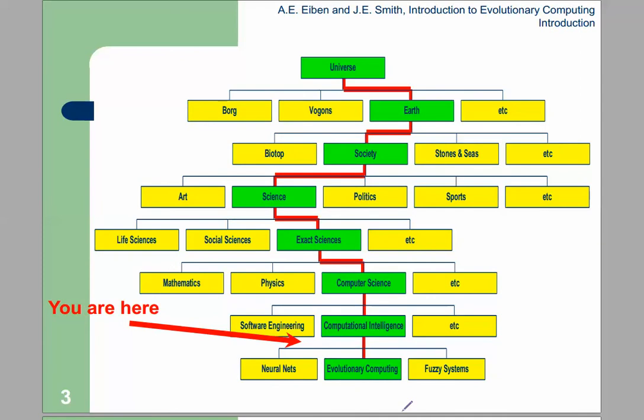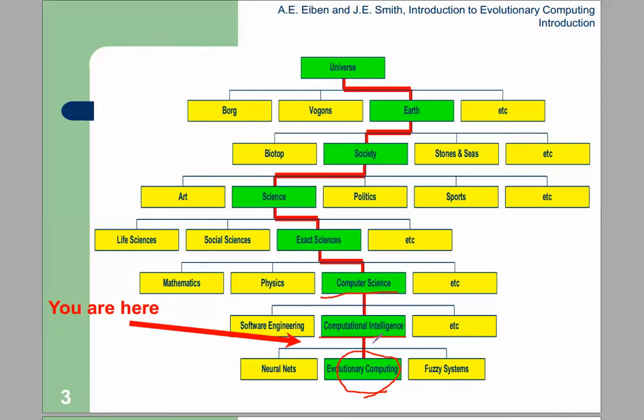The location of evolutionary computing in this chart is shown: Earth, society, science, exact science such as engineering, and computer science, computation. It is related to computational intelligence, and it is EC, or evolutionary computing.